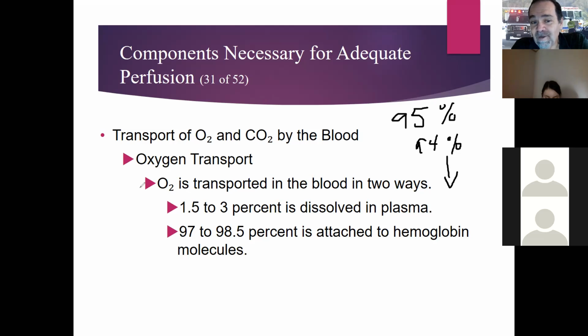And that's what the pulse oximeter is checking, the oxygen concentration within your plasma. Now, does this mean you're having good perfusion? Yes or no? Yes. Okay, yeah. But ideally, yes.